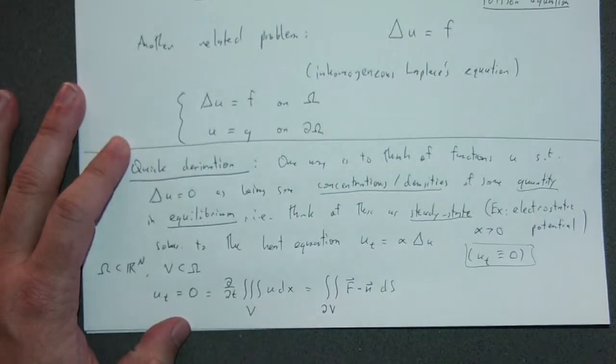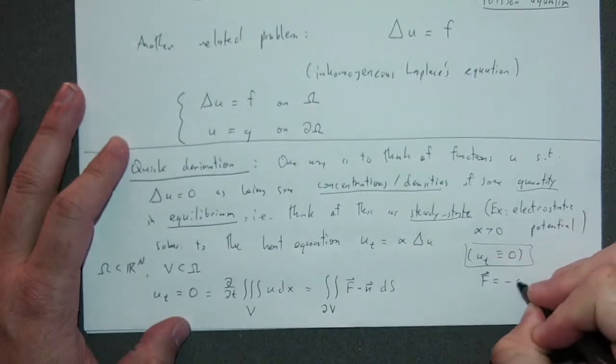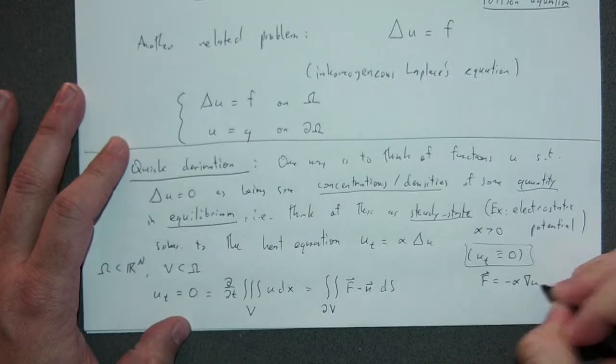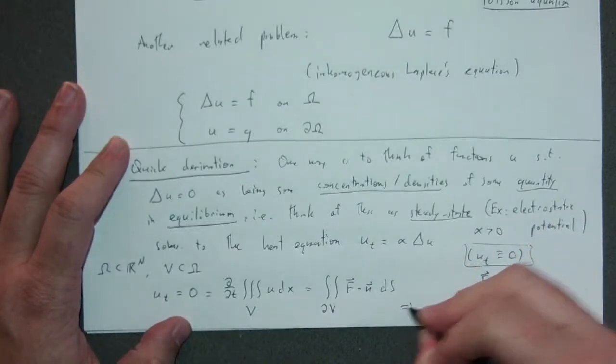Okay. But then if we assume that our flux density is minus alpha times the gradient of u as we did before, then what do I do here? Use divergence theorem.